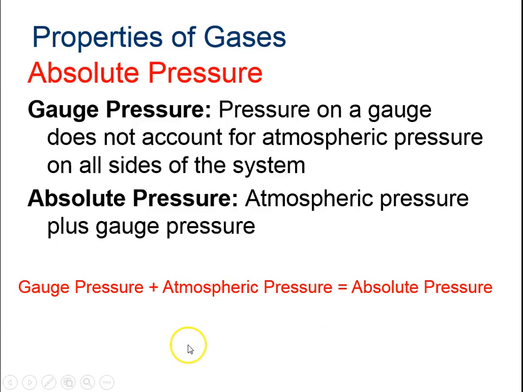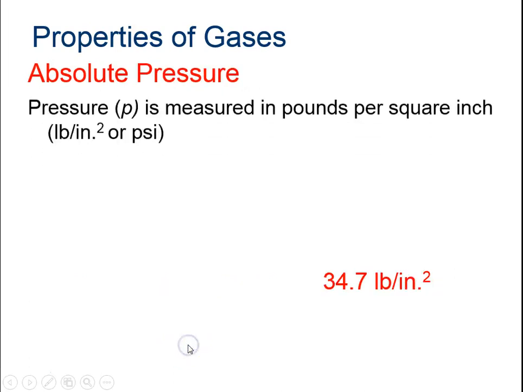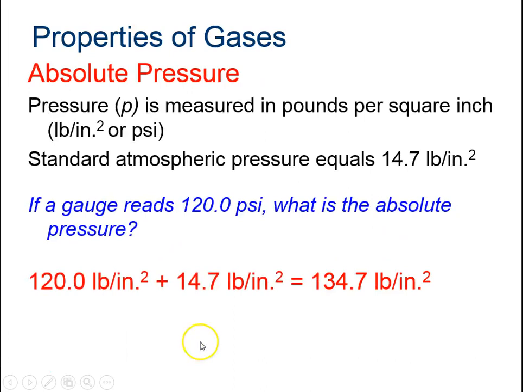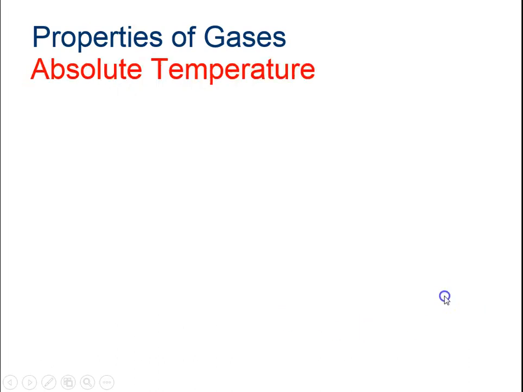You'll want to write this formula down. We're going to have to use this conversion in our problems that we're going to work. And what you need to remember is that atmospheric pressure is 14.7 pounds per inch squared. So if you have a gauge that reads 120 pounds per square inch, and you want to find absolute pressure, you just add your gauge plus atmospheric to get your final absolute pressure.